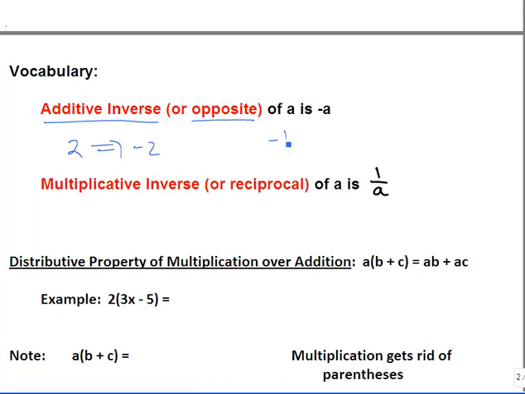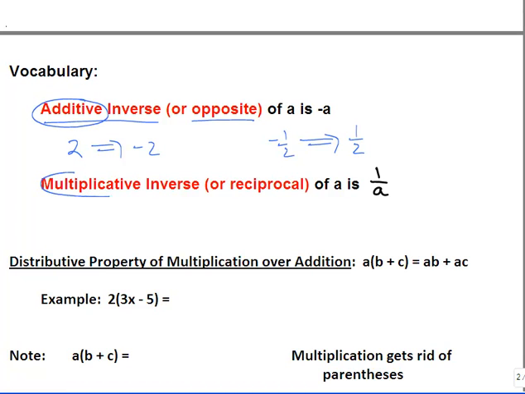If you start with negative a half, its additive inverse or opposite would be positive a half. So an additive inverse just switches the sign of your number and gives you the opposite sign.